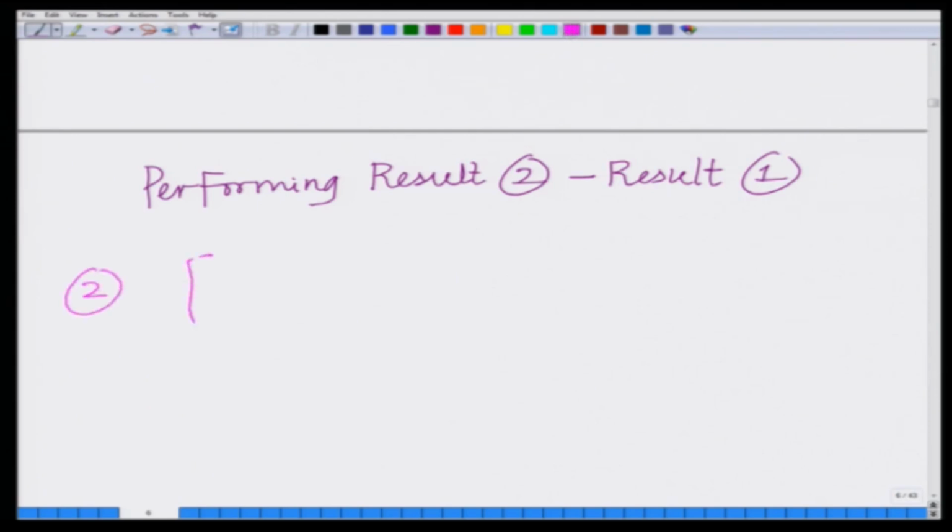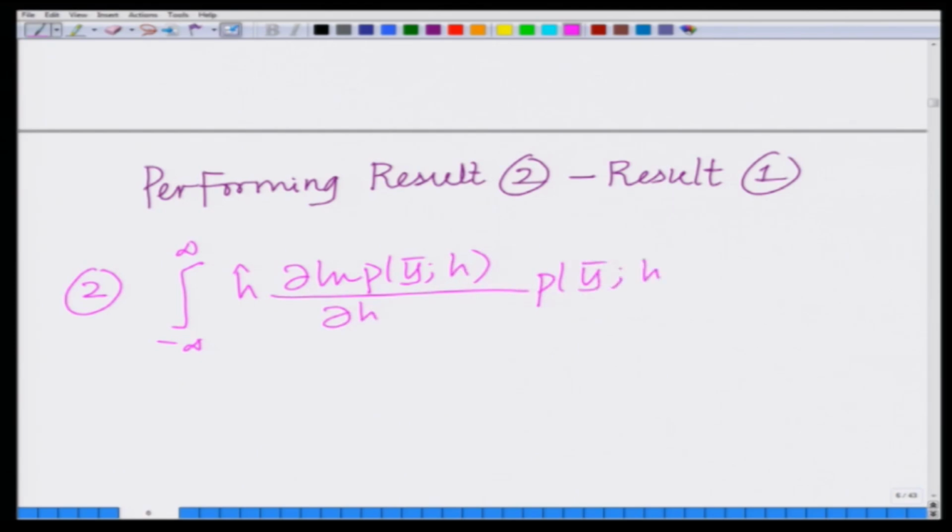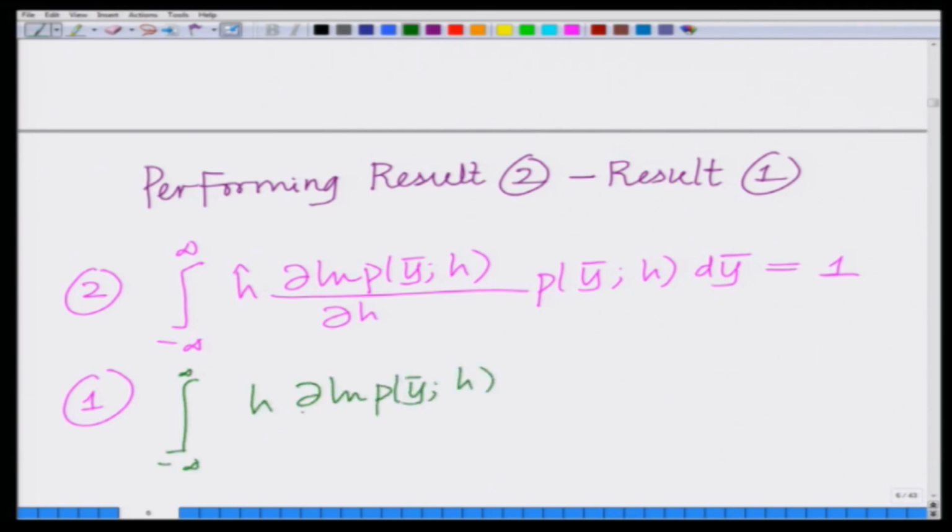Result number 2 is basically the integral from minus infinity to infinity of h hat times dou ln p of y bar h by dou h times p of y bar h dy bar equals 1, and result 1 is basically the integral from minus infinity to infinity of h times dou ln p of y bar h divided by dou h times p of y bar h dy bar is equal to 0.